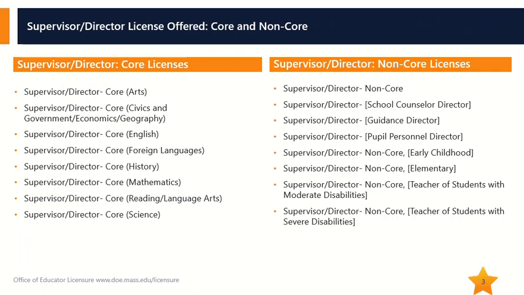Those on the right are supervisor director non-core licenses. Again, requirements vary depending on associated prerequisite licenses. If you are not sure of the specific supervisor director license you should be seeking based on a prerequisite license held, please visit the Which Supervisor Director video should I visit component of MELS. Otherwise, let's continue.